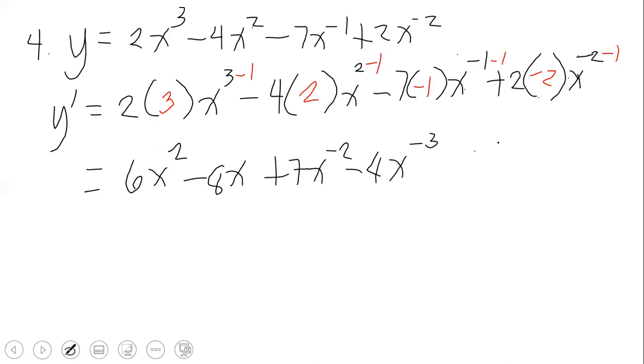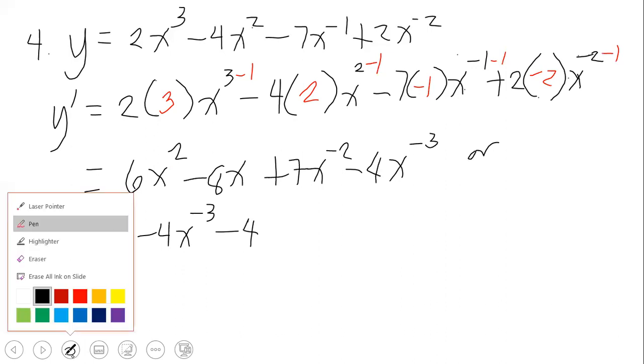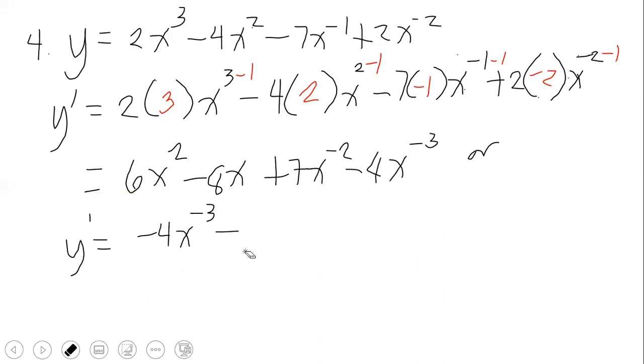Or we can rewrite which is y prime equal to negative 4x to the negative power of 3, tapos negative 4. It should be positive 7 x raised to negative 2 minus 8x plus 6x squared.